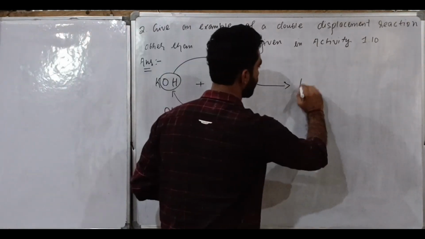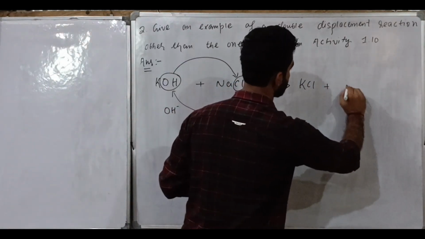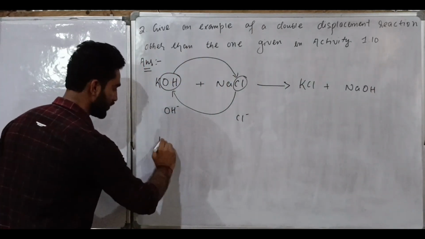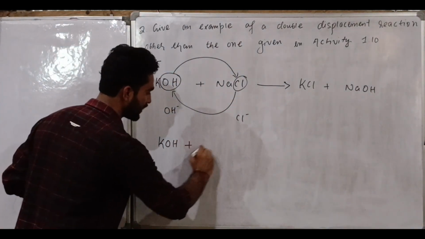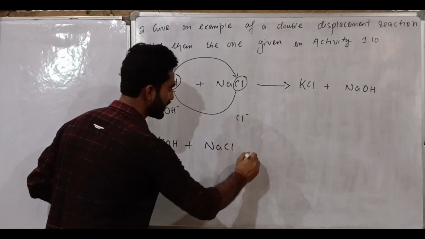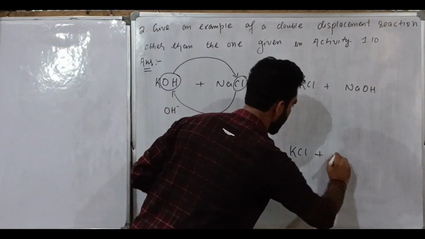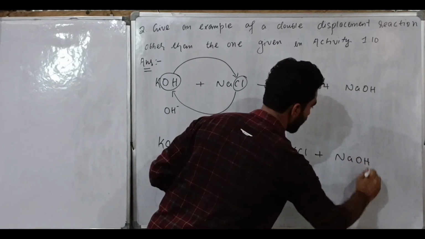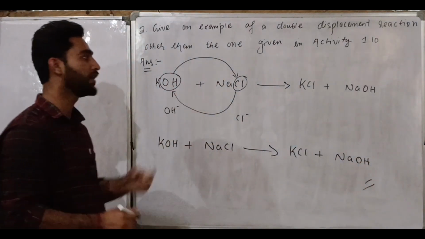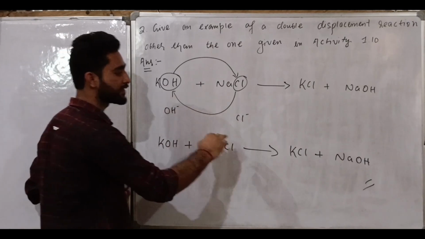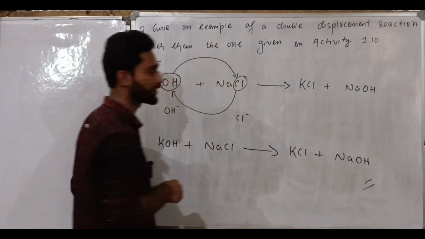So they will form potassium chloride plus sodium hydroxide. So when potassium hydroxide reacts with NaCl, they form potassium chloride plus sodium hydroxide. So this is an example of the double displacement reaction. Here the ions switch their places and form two new products.